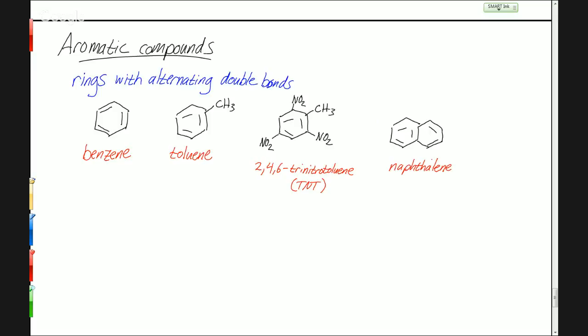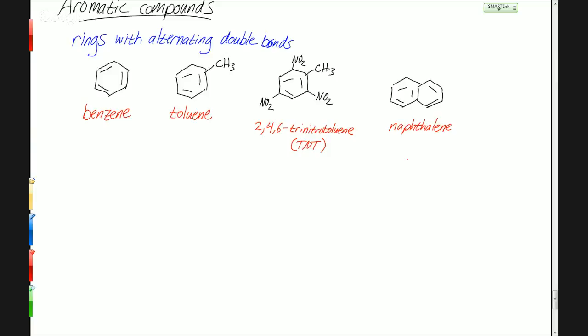If you ever smelled mothballs, which were literally just balls that had naphthalene in them that would keep moths away because they didn't like the smell, you could put them in your wool clothes and things like that to keep them away. That's also not great for you, so we don't use that much anymore. And then the bigger ones, which I don't even know the names of some of them, as you start building these things up, these are the products of incomplete combustion.